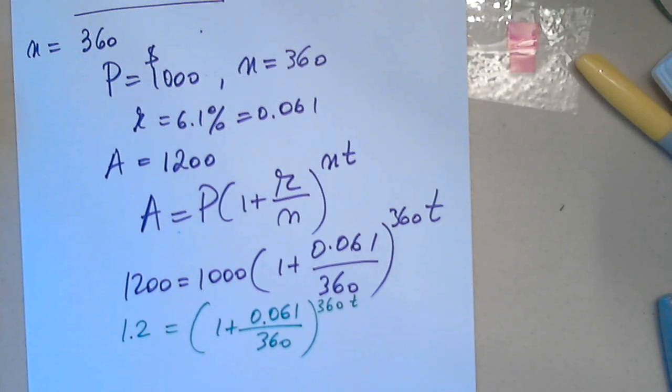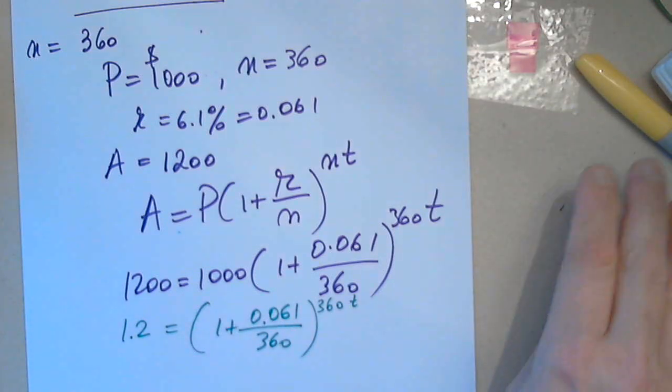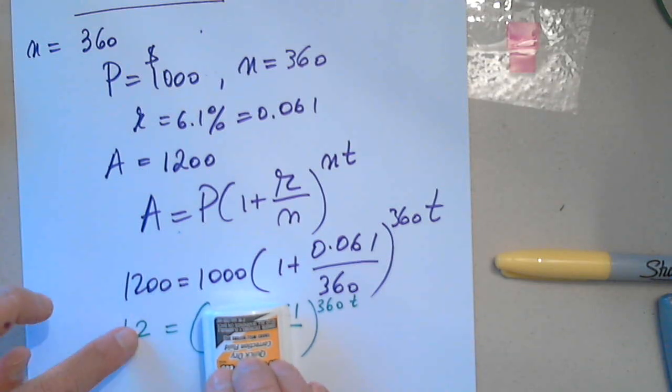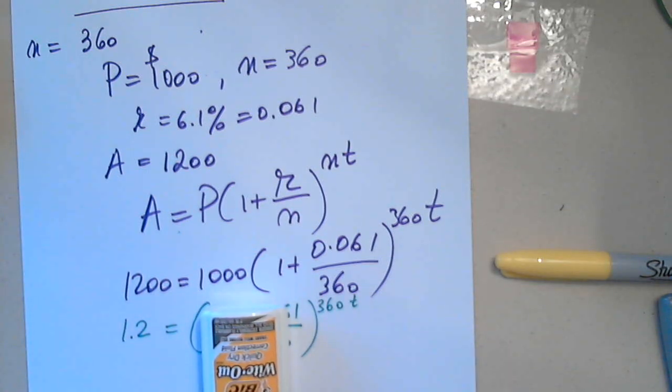Okay, next step. I just don't get bothered by this. This is just a number. So I have 1.2 equals a number raised to a power. This number and 1.2 cannot be presented with the same base.